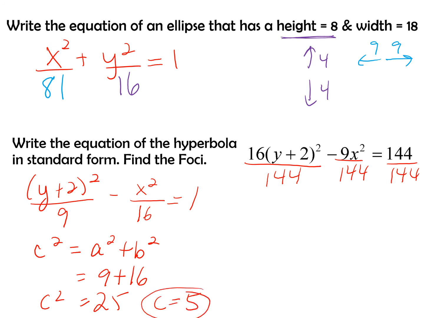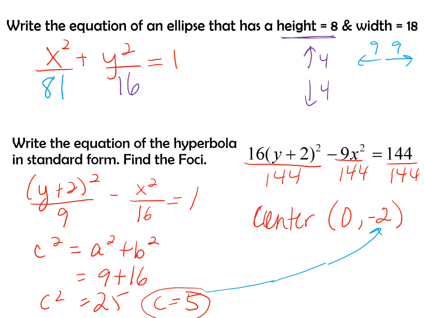Once again, remember the foci have to lie on the transverse axis. And if we now think about the center, again, pay attention to the x and y. Our center would be 0, -2. But the c value will help us locate the foci. And since they lie on the transverse axis, since the y comes first, this is going to affect the y.